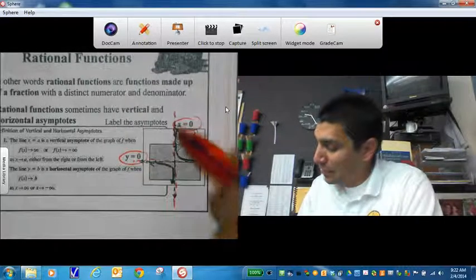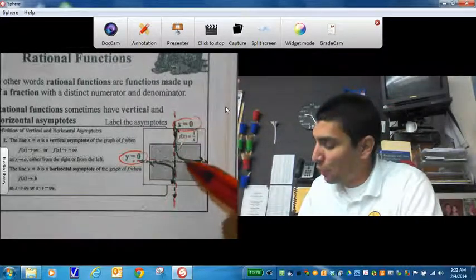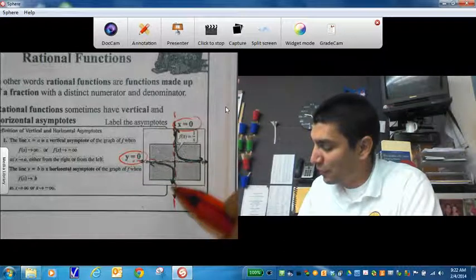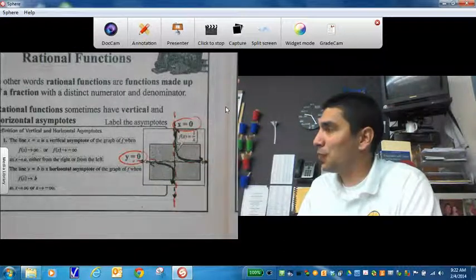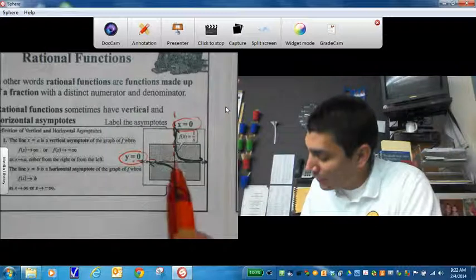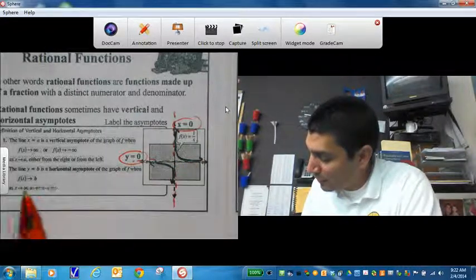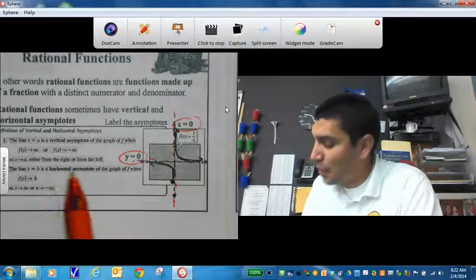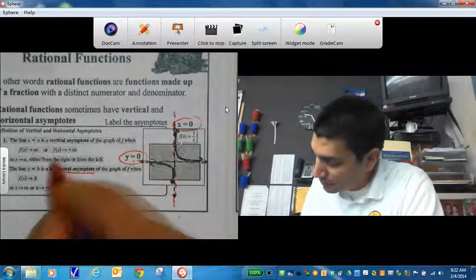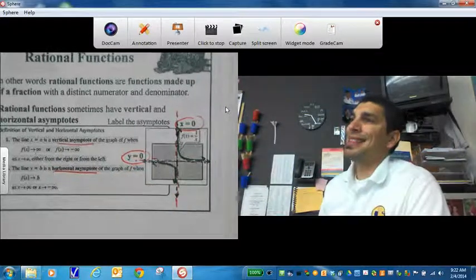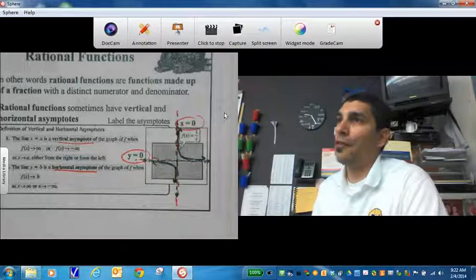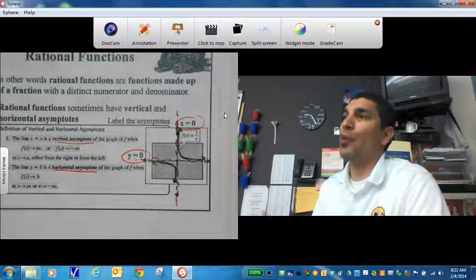And that's how it is for a vertical asymptote. If the y values approach infinity, it is a vertical asymptote. If the x values approach infinity, then it is a horizontal asymptote. So that's the way you can tell the vertical asymptotes apart from the horizontal asymptotes by the graph.